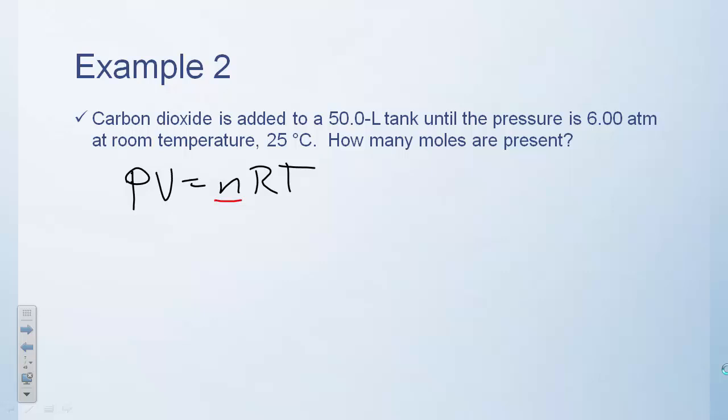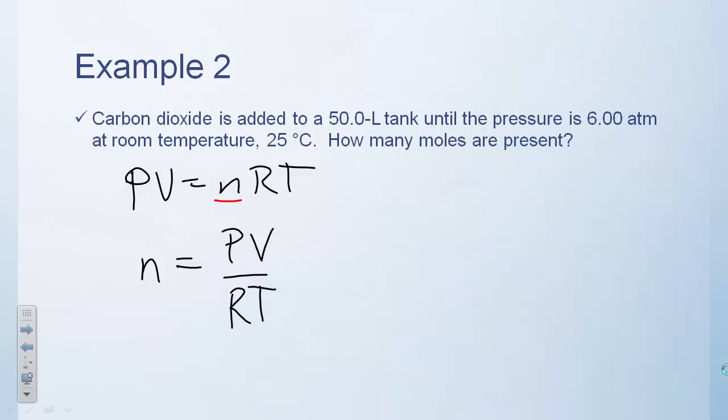And so we're going to find that n is equal to PV over RT. And once again, we have to remember to change our unit of temperature to Kelvin. We always want to use Kelvin when we're using the gas laws.